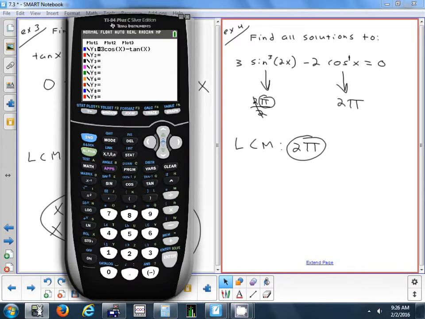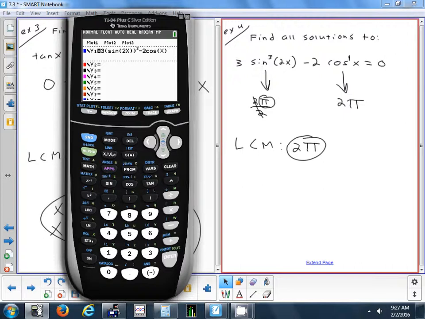All right, so let's type in 3, in parentheses, sine 2x cubed, minus 2 cosine x. I'm going to look for how many times this graph crosses the x-axis.